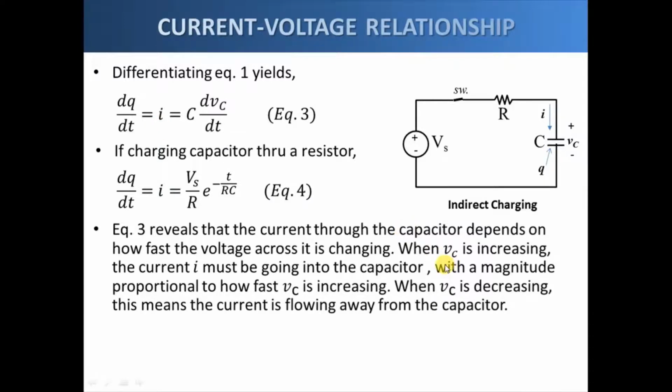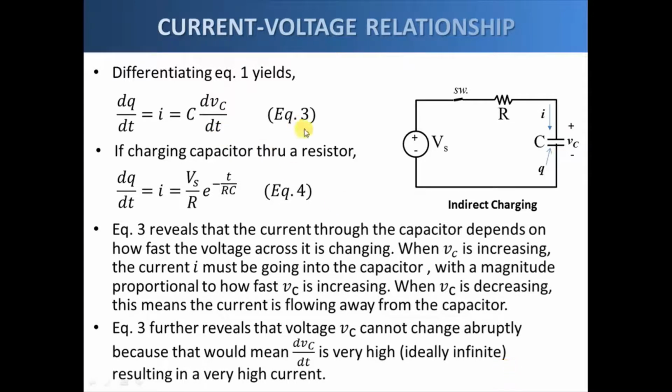Now when V sub C is increasing, the current is directed towards the capacitor, with a magnitude proportional to how fast V sub C is increasing. When V sub C is decreasing, that is, we have a negative slope, that means the current is flowing away from the capacitor. And how fast the current flows again depends on the magnitude of dV_C/dt.